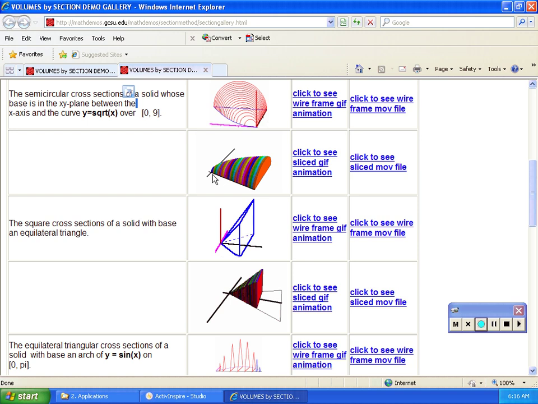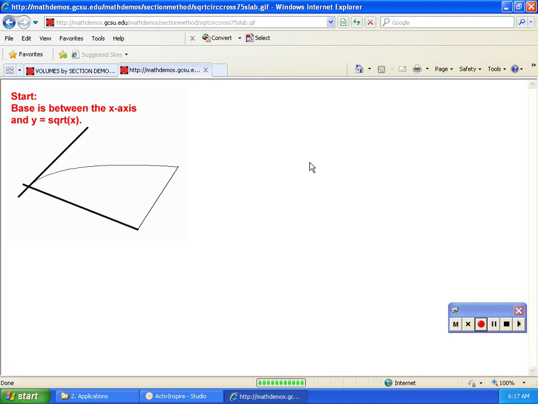Now I'm going to click this, and it's going to show you what the base would look like on the x and y axis, and then what would happen when you make it three-dimensionally and you put the slices in here, just so you get an idea of what these things look like. So here we go. There's your base, the square root of x. Here's the x-axis and the y-axis. There's first slice, second slice.